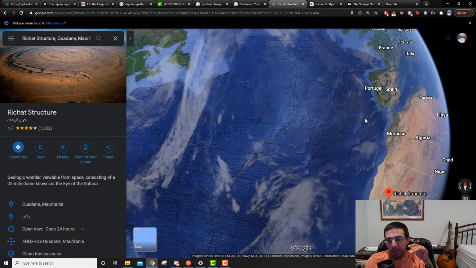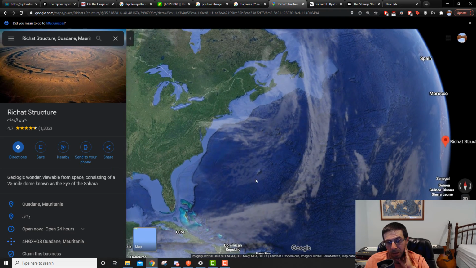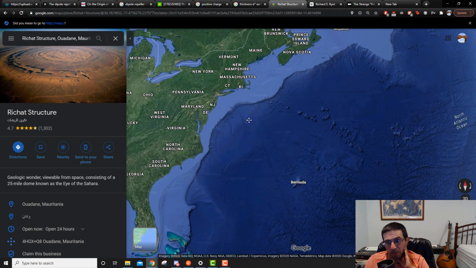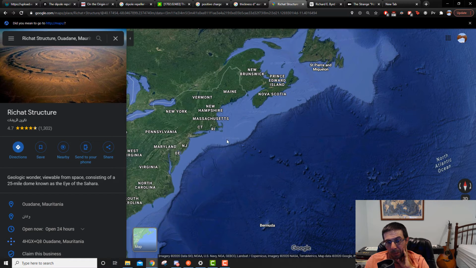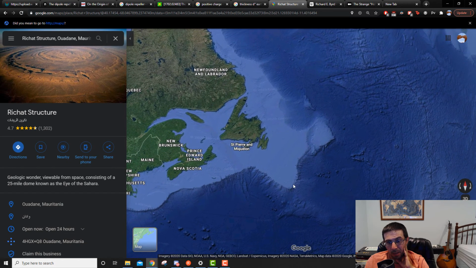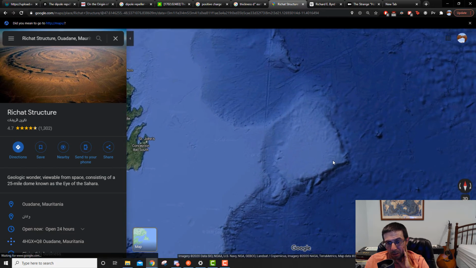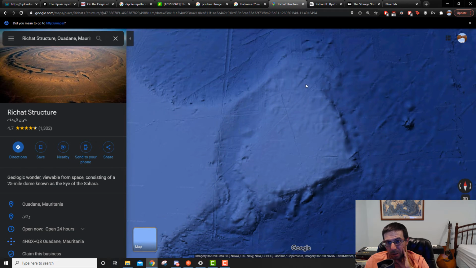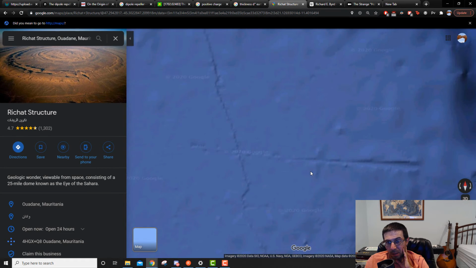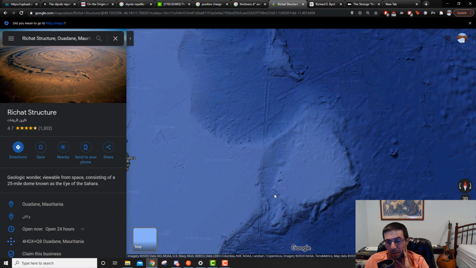In this general region, what's interesting is along the coast of North America, if we come up into Nova Scotia and beyond, there's a region called the Flemish Cap, and it's pretty big. It's not very explored. If the ocean water wasn't there, if Earth had been as it was before, this maybe would have still had water around it.